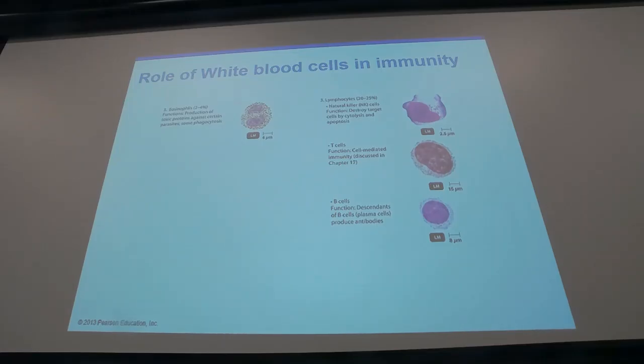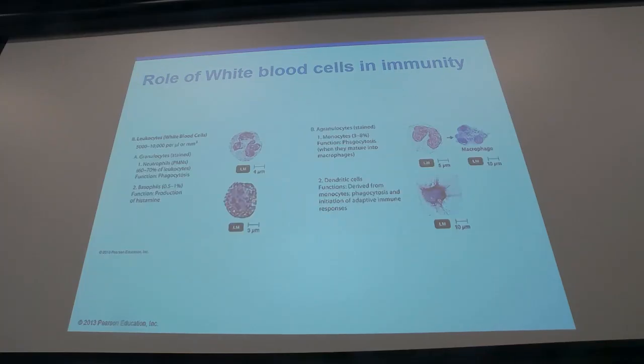It takes this eosin, which is a red dye, from when you're staining these cells. So, their function is to produce toxic proteins against certain parasites. And some of them can be phagocytic cells. So those are the eosinophils.